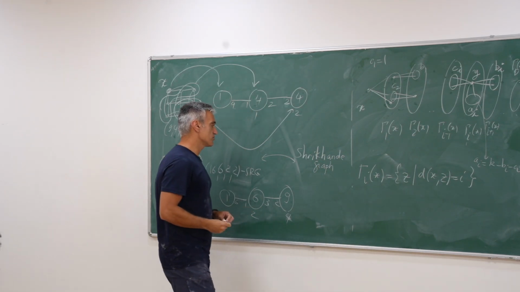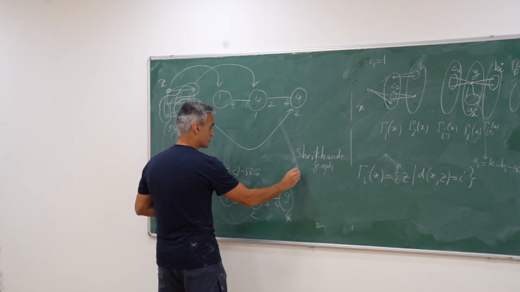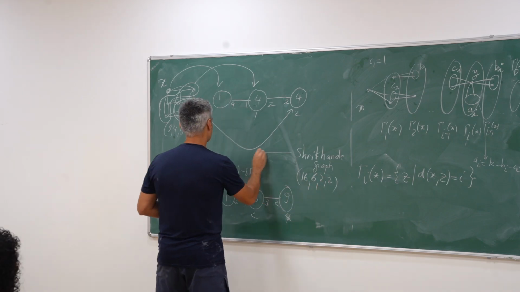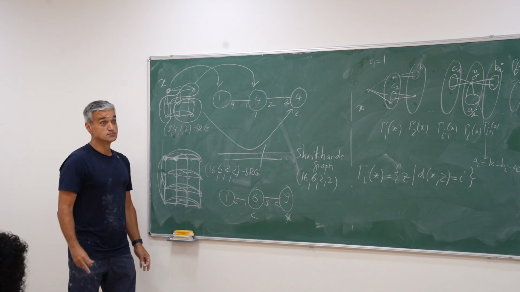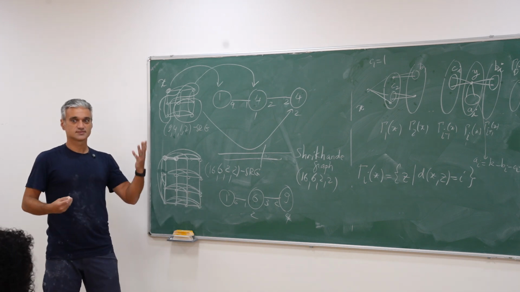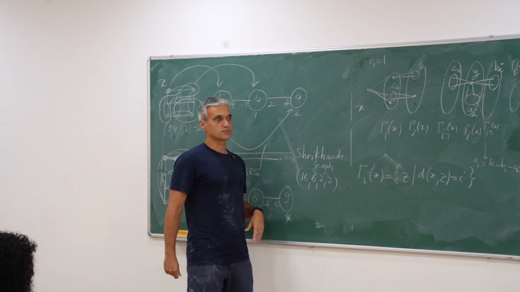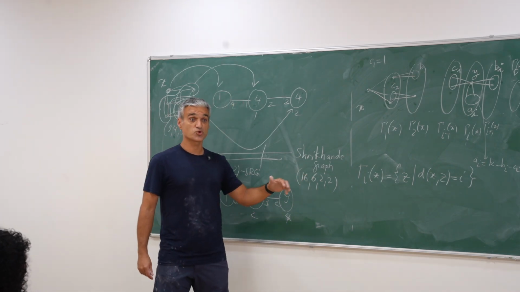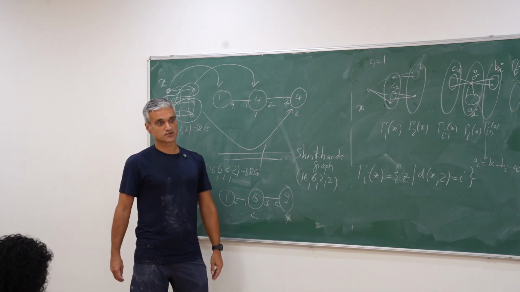So the Shrikhande graph has the same parameters, 16, 6, 2, 2, but is not this one. How can it be? Well, look it up. This is the smallest example where you have 2 strongly regular graphs with the same parameters but non-isomorphic. So look up the Shrikhande graph, okay?